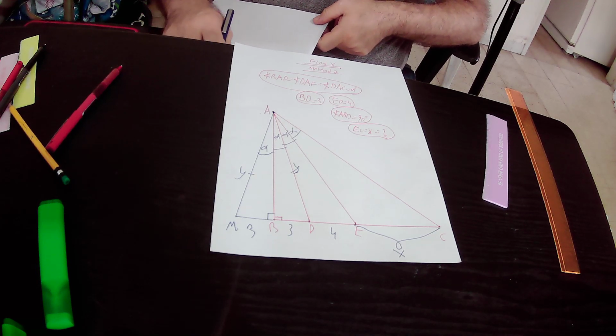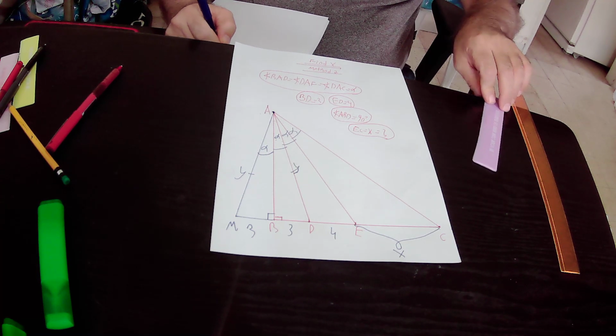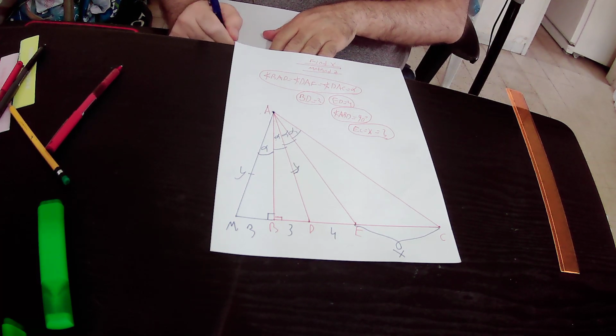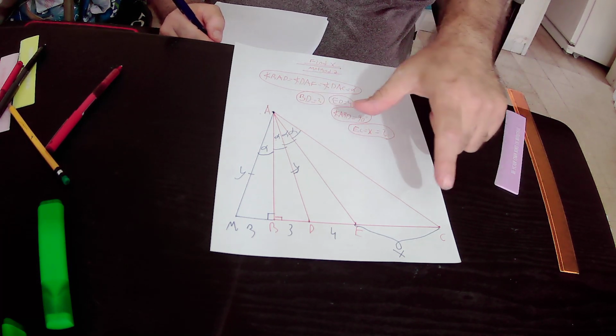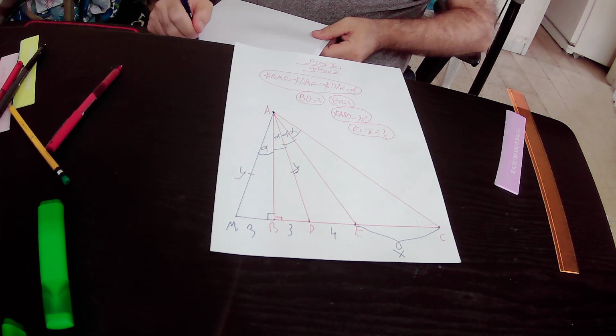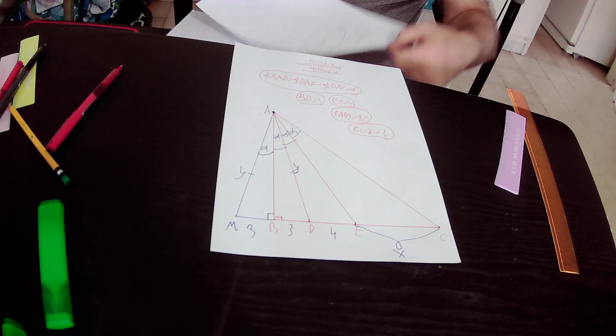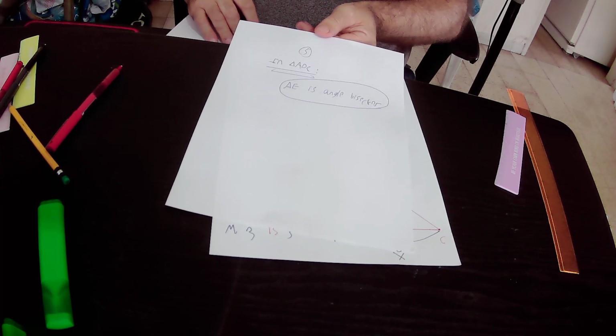On triangle ADC, we know that AE is the angle bisector in triangle ADC.